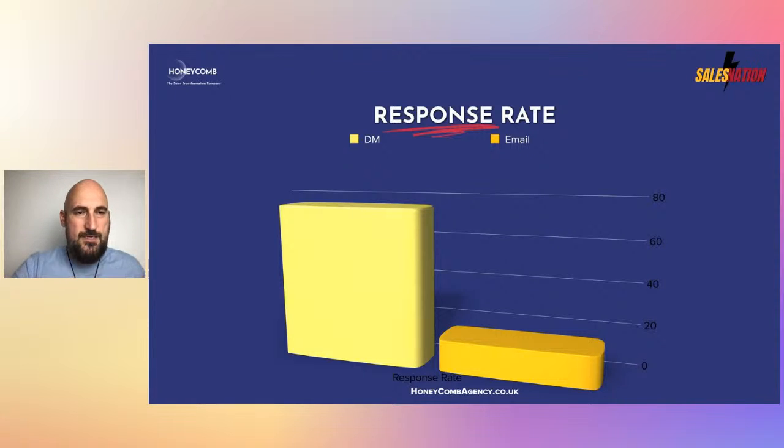And from all the experiments that we ran, from all the campaigns that we've run and are still running, we've seen that a DM outperforms email in that situation by far. If you've already had a lot of contacts and built a good relationship with your prospect, this number that you see right now might change.